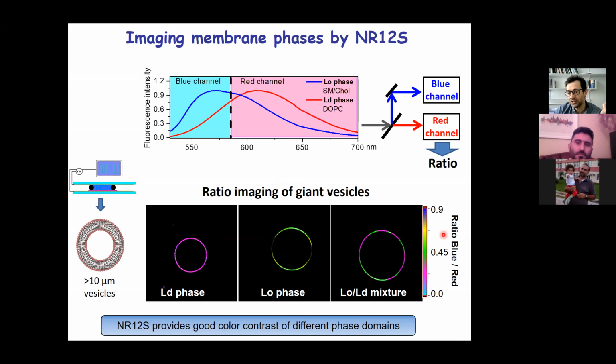So the color is actually a pseudo color, which corresponds to a given ratio of the blue channel to the red channel. And so from this color change, you can identify ordered or disordered phase. And then if you do mixed phases, you can see individual domains of different color, and you can directly link this color to the phase in the pure phase.